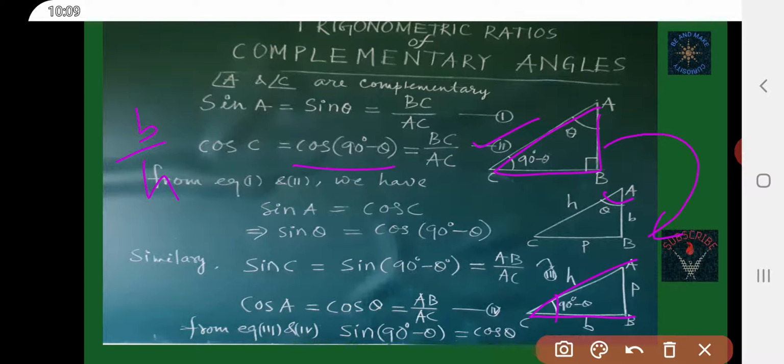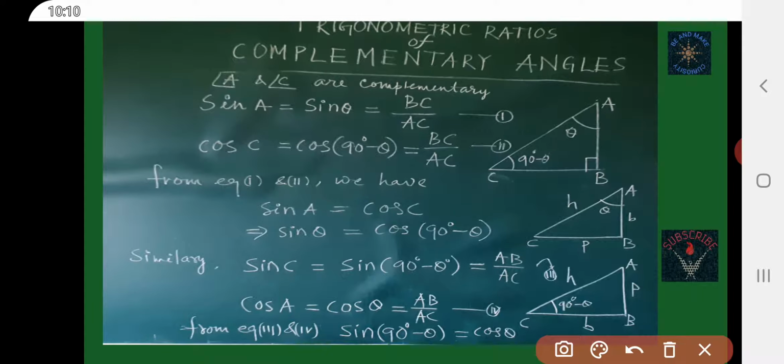Because for different angles, the perpendicular and base are different. That's why I have shown two pictures, but the triangle is the same. Okay, keep it in your mind.